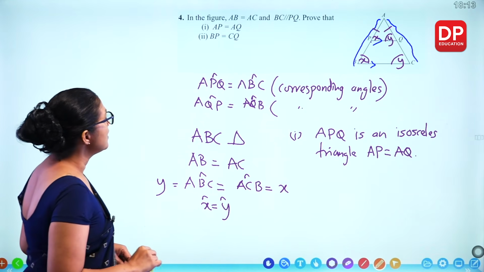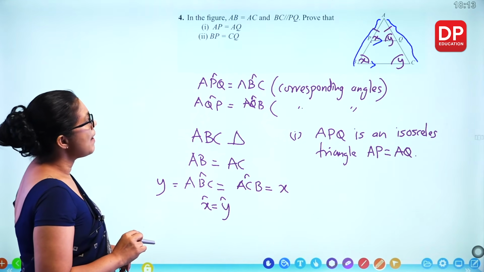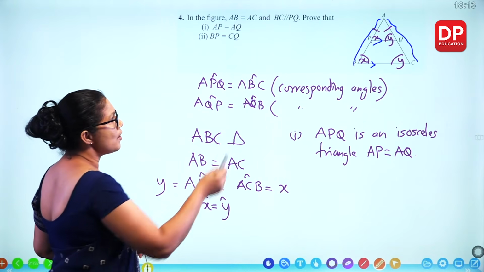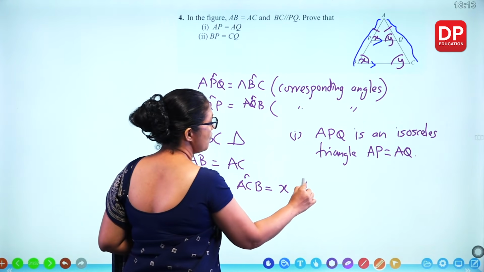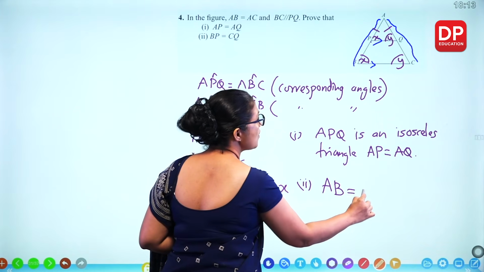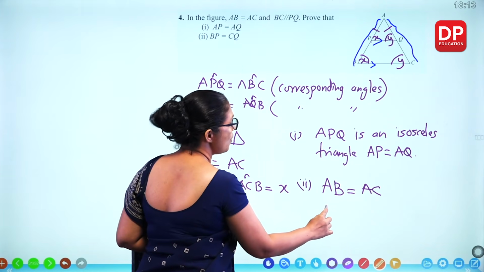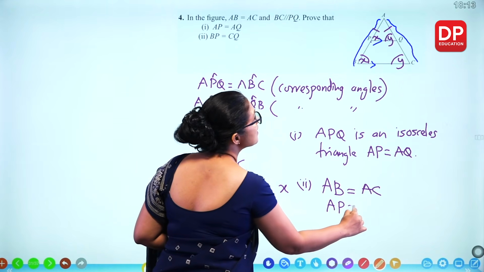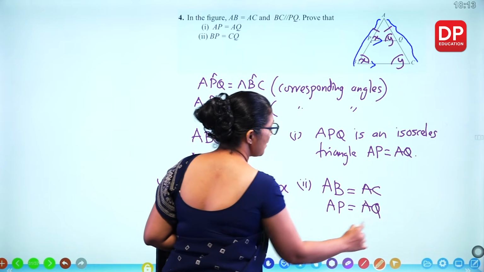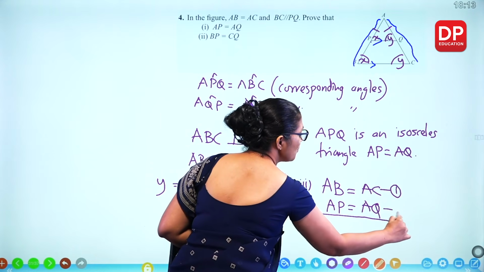What's the next part? You are asked to show BP is same as CQ. We'll do the second part. We know AB is equal to AC, and also we know AP equals AQ from the second part. We'll subtract these two, 1 minus 2.